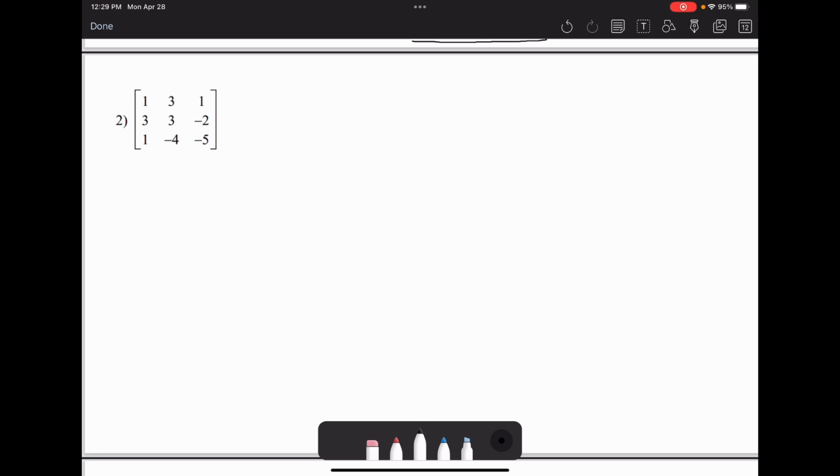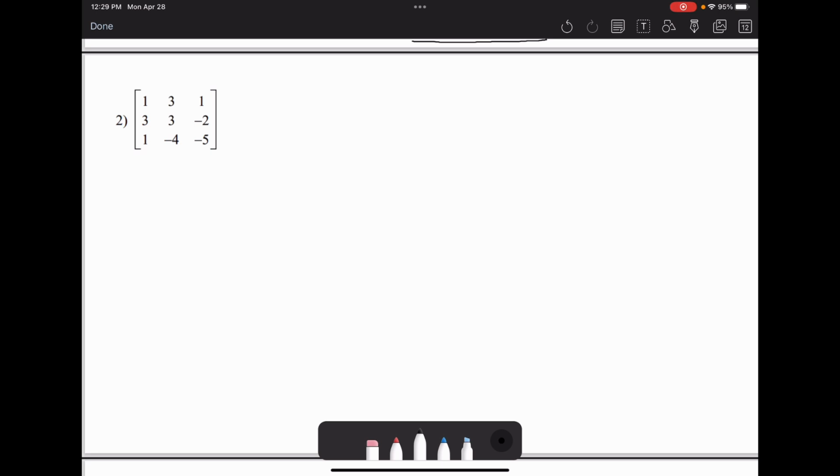You can do different steps than what I'm going to do. So just try to do it your own way and see if you can get to the identity matrix, and then come back and see if you got the same answer as I did. And if not, then go watch through the steps of what I did and see if you can find where our steps differed or where you made a mistake.